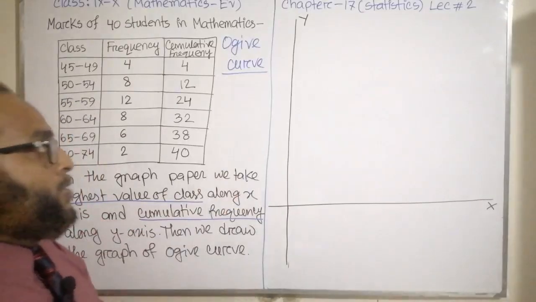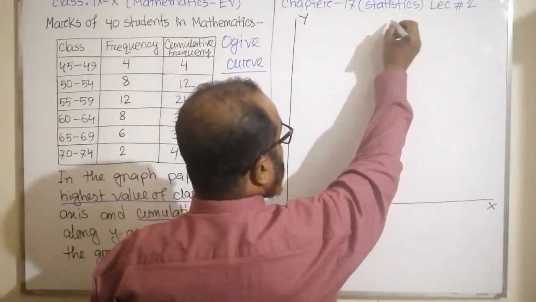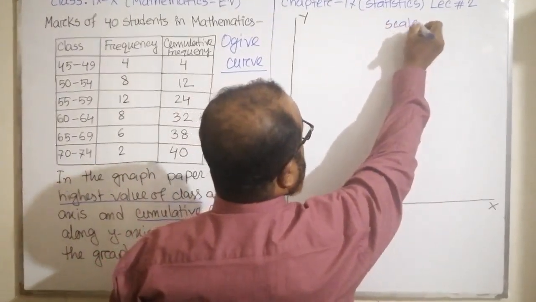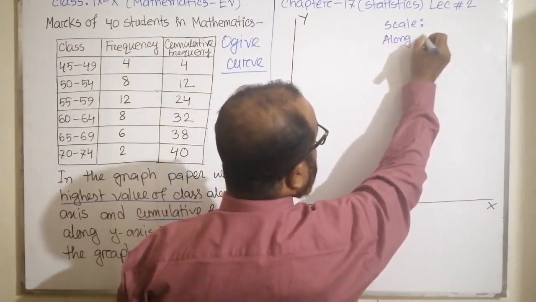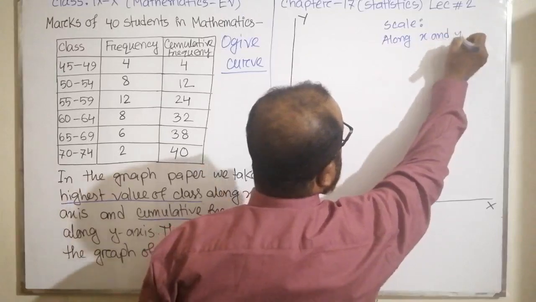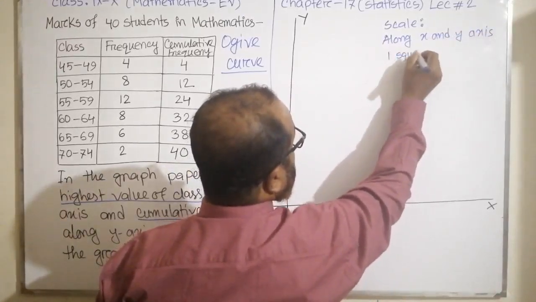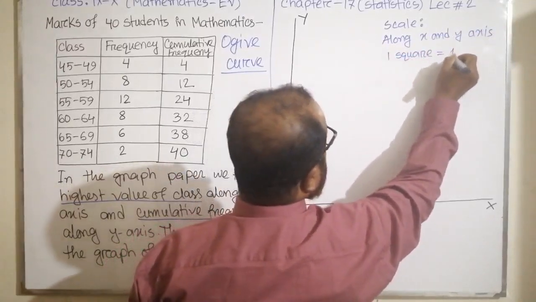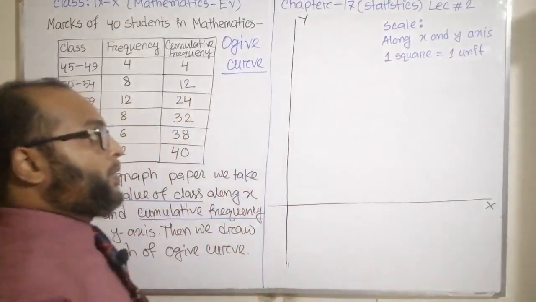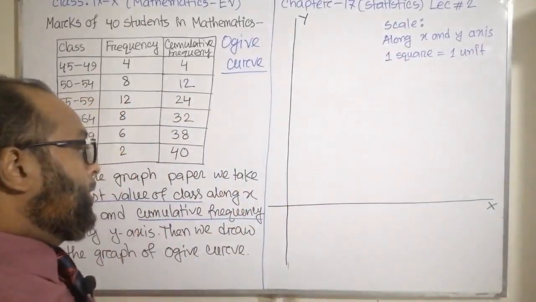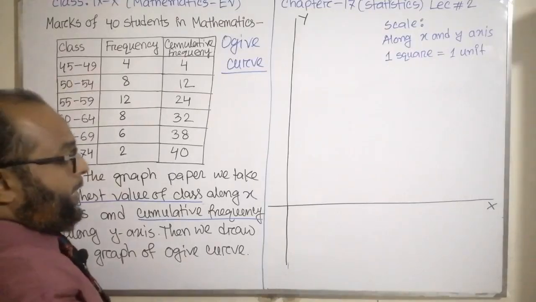Okay, I draw this graph considering the scale along the x and y axis, 1 square equal to 1 unit. Okay, now let us consider 49.